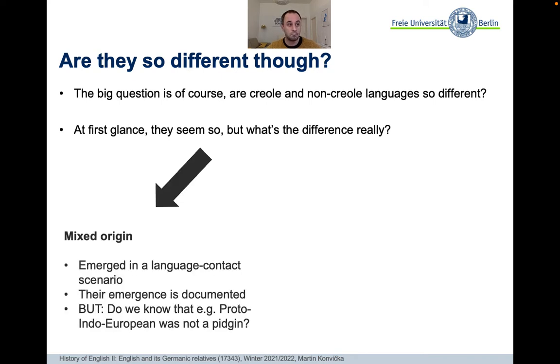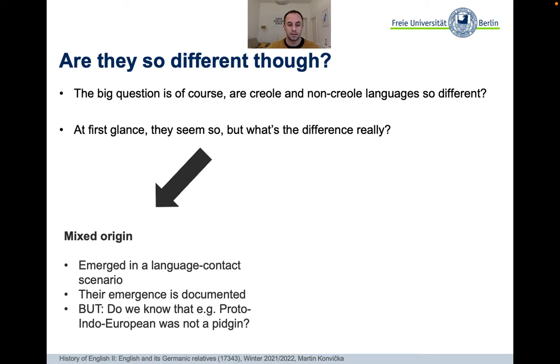The major thing that we obviously use to define pidgin and Creole languages is their origin. The fact that they have a mixed origin. It's not a continuation of an earlier stage of a language, as we've seen with Old English evolving into Middle English, into Modern English and present-day English and so forth.